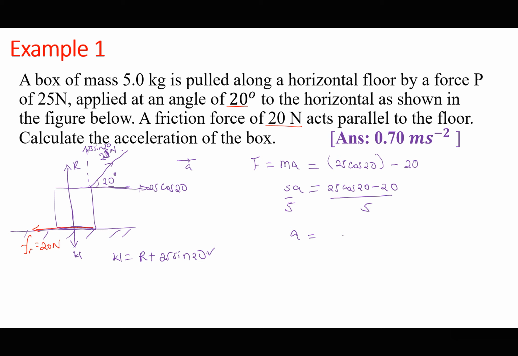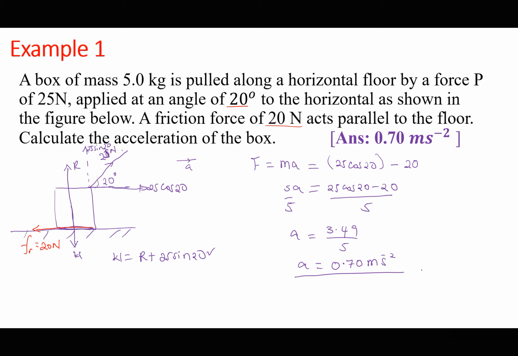So this is 3.49 divided by 5. So the acceleration is 0.70 meters per second squared. So this is going to be the acceleration of the box.